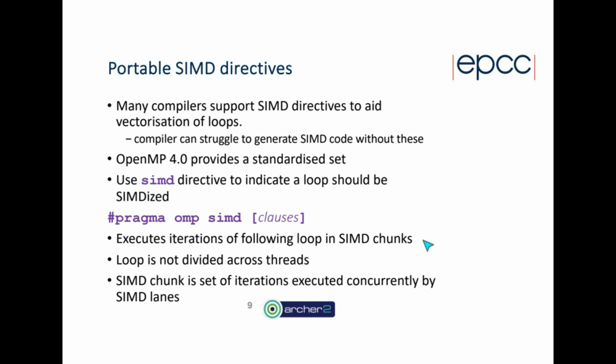That says, please execute the iterations of the following loop in SIMD chunks. This does not of itself divide the loop across threads. You can combine it with a work sharing loop directive, but a SIMD directive on its own does not divide the work across the threads.